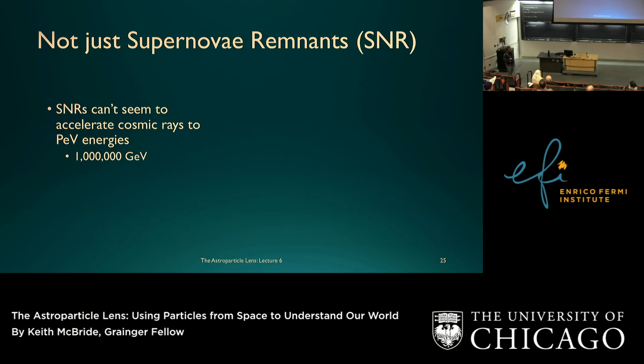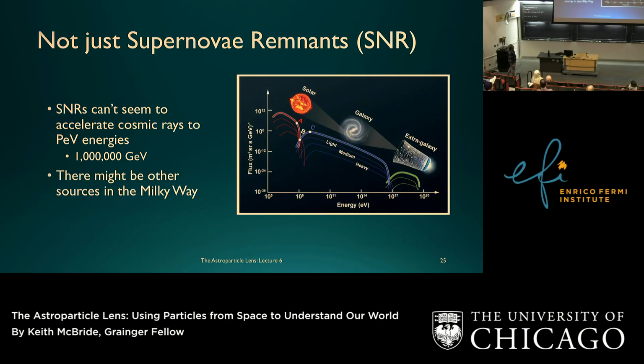That peta-electron volt scale is 1 million times more energetic. And so there actually might be other sources in the Milky Way. And so if you look at this plot on the right, you have the flux on the y-axis, the energy of the cosmic rays on the x-axis, and you see the sun here can produce maybe lower energy particles, right? Lower energy cosmic rays, but the giga-electron volt scale here is 10 to the 9, right?